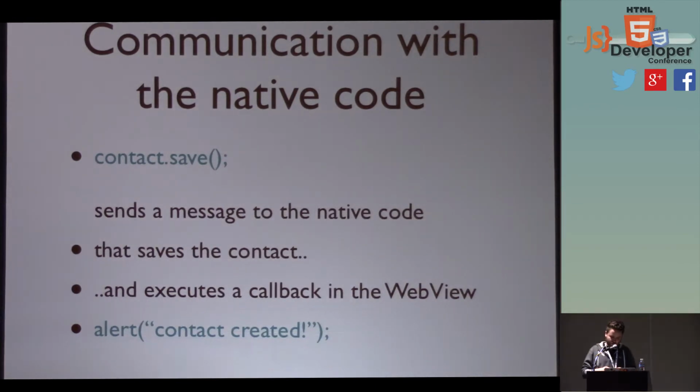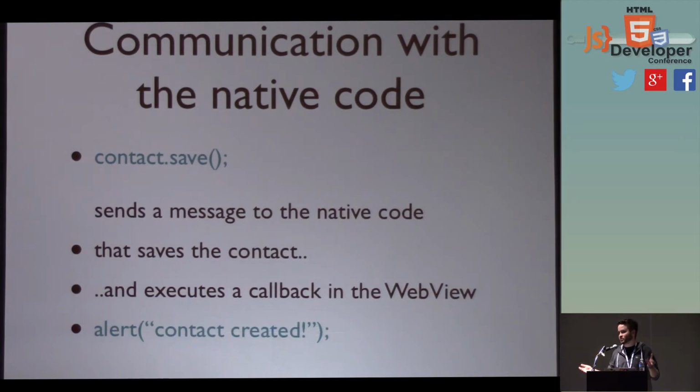It's kind of hard to explain how it really works, but basically it works like this. Once you call contact.save, that's a special object, and it sends some kind of message to the native code, and then the native code does the native thing, and then it executes a callback in the web view. And once you get the callback, you can prompt the user that the contact was created. Then you know that it's done for sure.